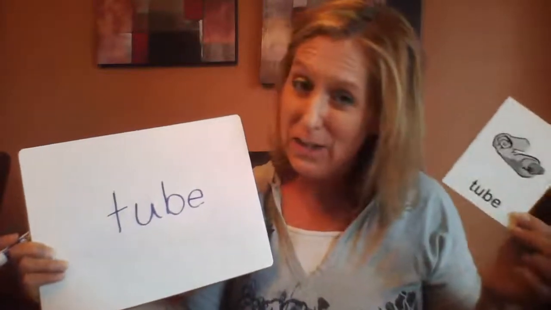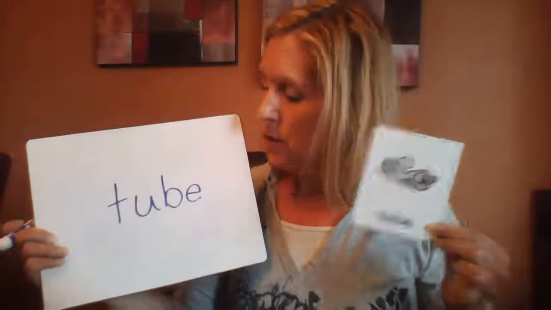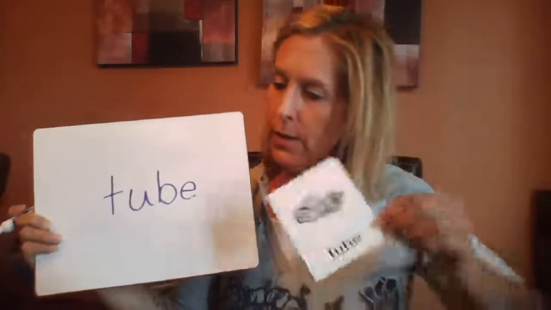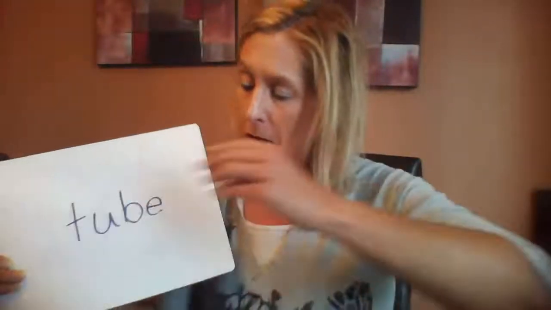Because the name of the vowel isn't oo, is it? It's U. So you're right, that one's a little different, but we're just going to have to learn that one. Okay. I know, isn't that something with our language? There's always exceptions. There's always those words that don't follow the rules. Part of life.